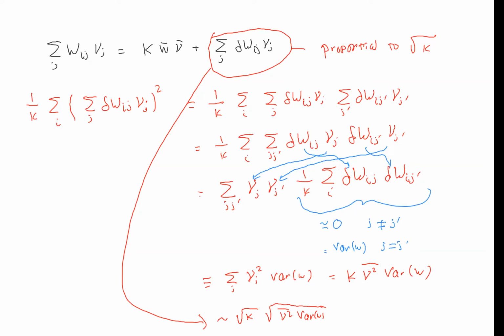Okay, so let's write this down. The sum on j of wij nu j equals k nu bar w bar plus some random variable, squiggle I, times the square root of k, times the square root of nu squared bar variance of w.